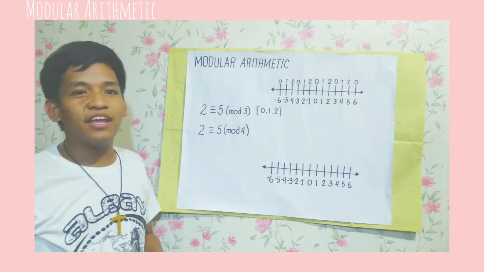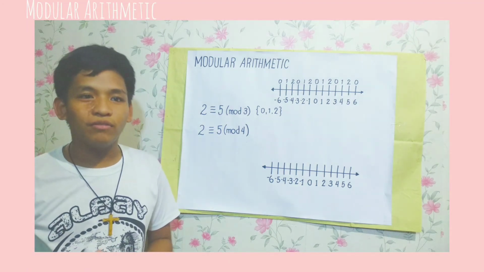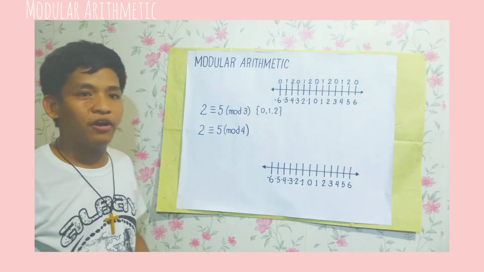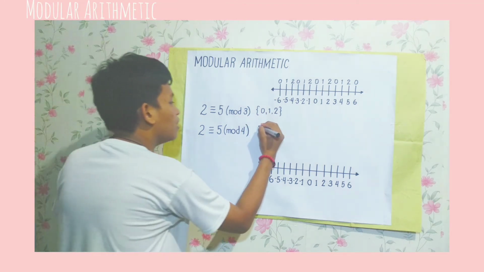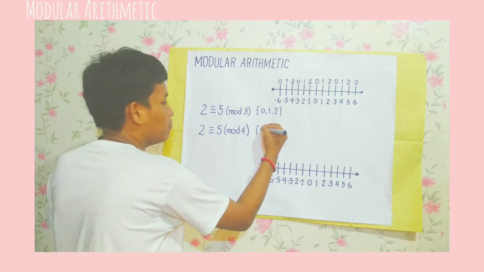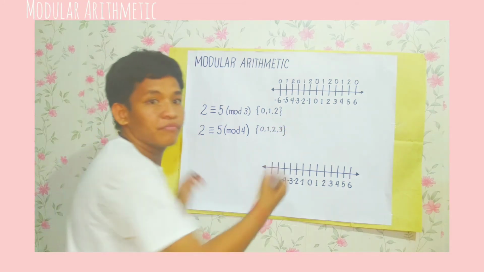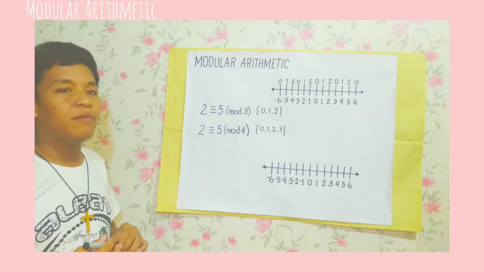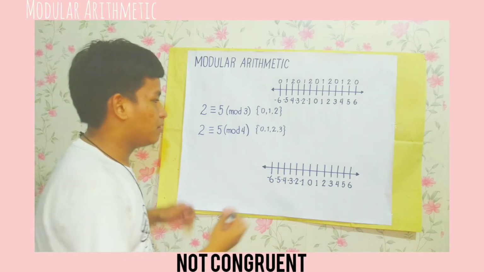Now let us take a look at another example, which is mod 4. Is 2 congruent to 5 in mod 4? Remember that mod 4 is equal to 0, 1, 2, and 3. If we apply it on a number line, we can say that it is not congruent.